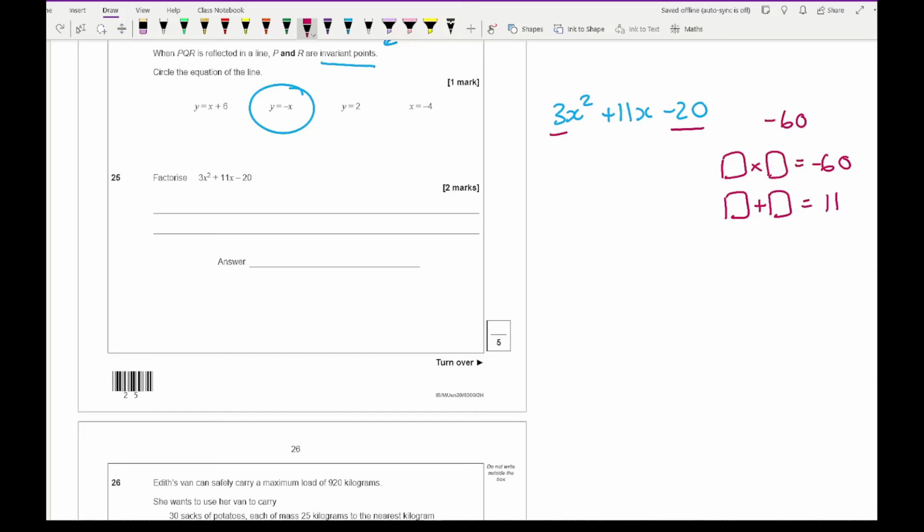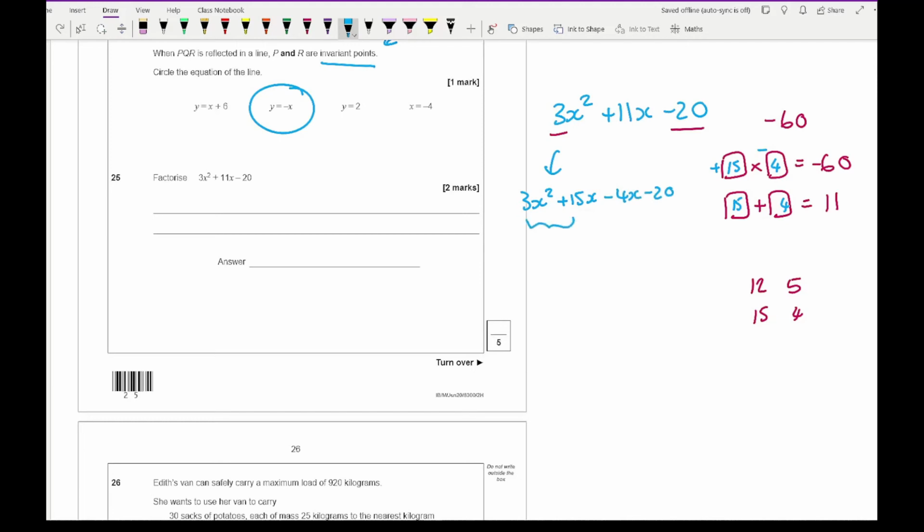Well, the numbers I'm going to have here are going to be 12 and 5, no, not 12 and 5. We've got 15 and 4, which seems the more logical option. So here I've got 15 and 4. And because we've got plus 11, it's going to be plus 15 and minus 4. So from this, what I've got is 3x squared plus 15x minus 4x minus 20.